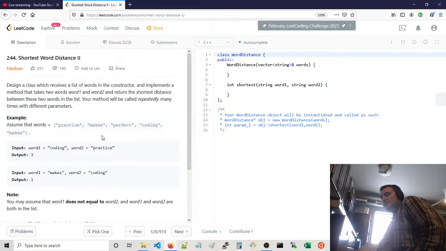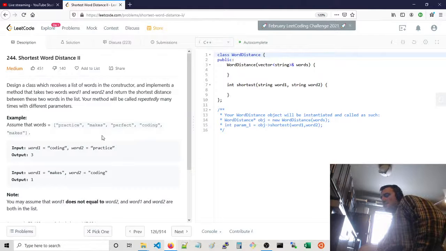And now if you have your query, your two words, you could consider both words having multiple indices associated with them rather than just one index. These are obviously all unique, right? Because the indices are by definition unique.